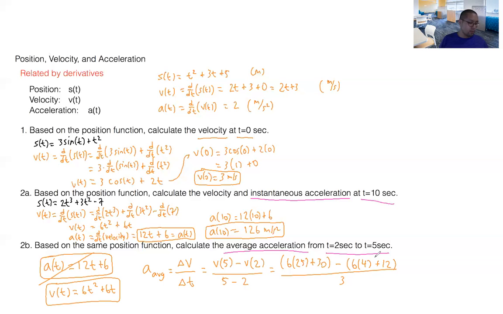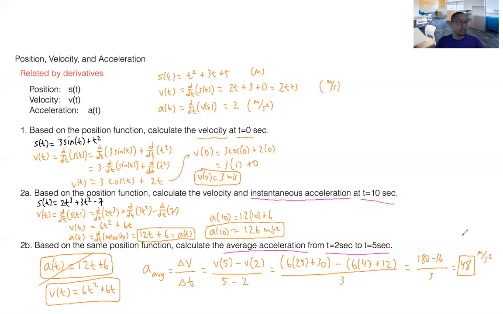And so when you chuck that into a calculator, you're going to get 180 minus 36 divided by 3, which is going to end up giving you 48. Okay? So 48 is going to end up being your average acceleration, and just for means of completion, acceleration is generally meters per second squared. Just make sure of that.